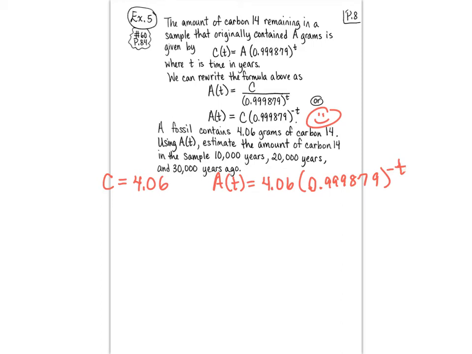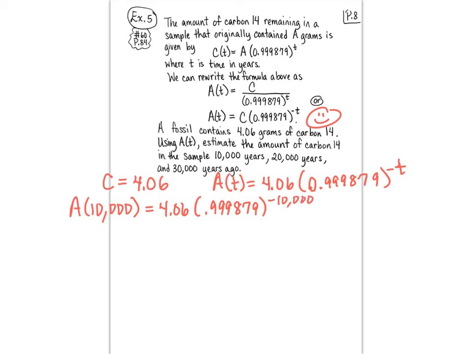Now, the first thing we're asked to find is A of 10,000. So that's equal to 4.06 times the quantity 0.999879 raised to the negative T. So this means negative 10,000.